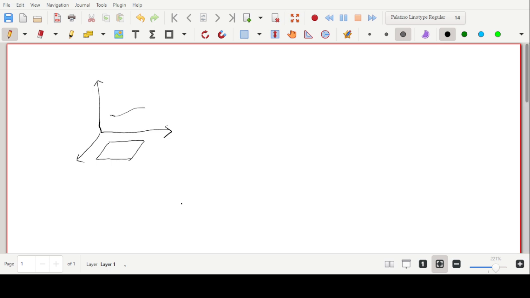Suppose the graph looks like this. Okay, the diagram is not very accurate, but please understand it. Okay, this is the graph. Along the z-axis we plot the function values, and this rectangle is R over here.